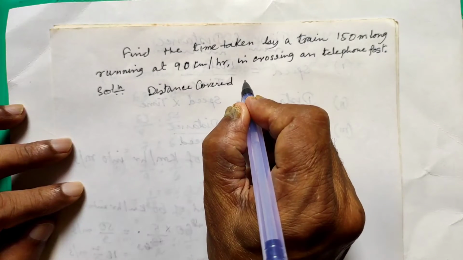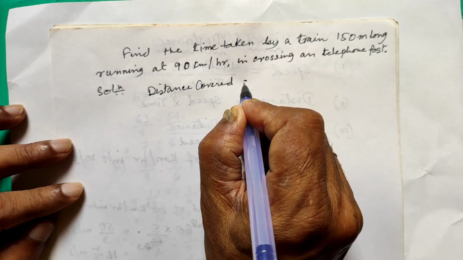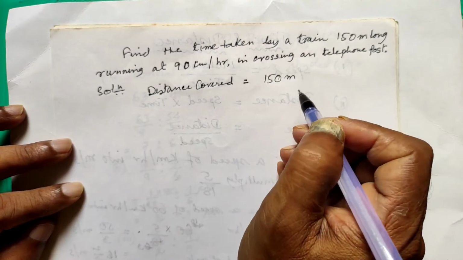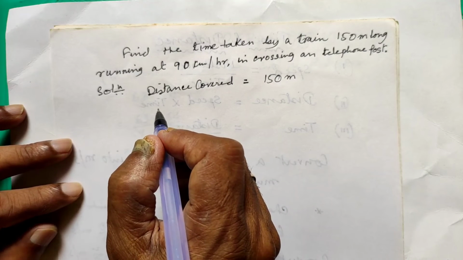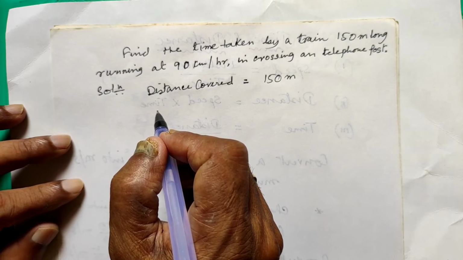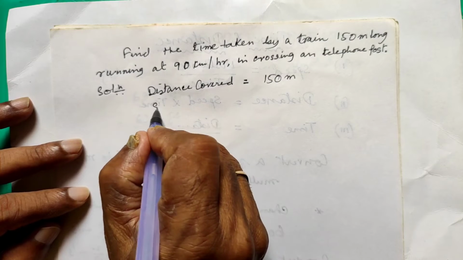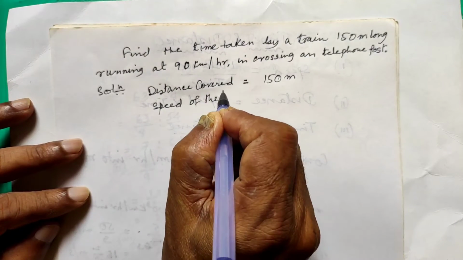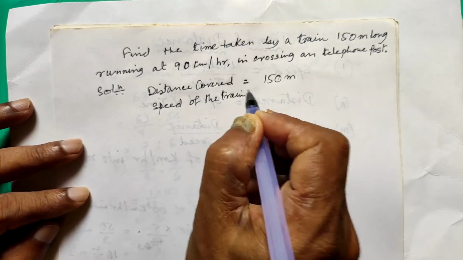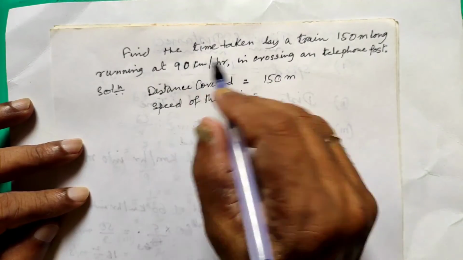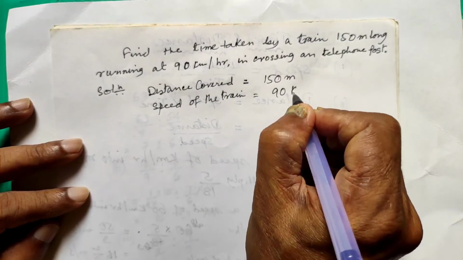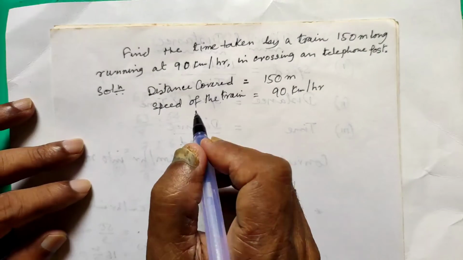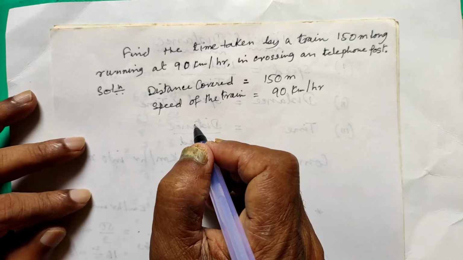So, what is the length of the train? Distance covered, that is 150 meter, remember it, okay. And very interesting, the speed of the train equals to, over here I have written already 90 km per hour, quite fast, okay.